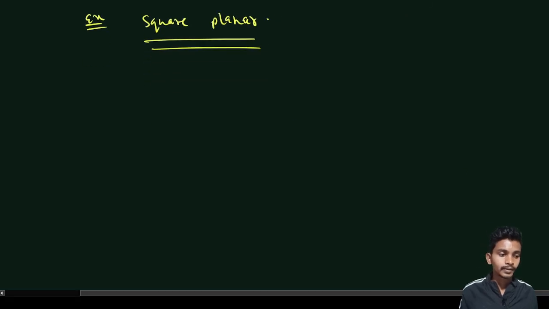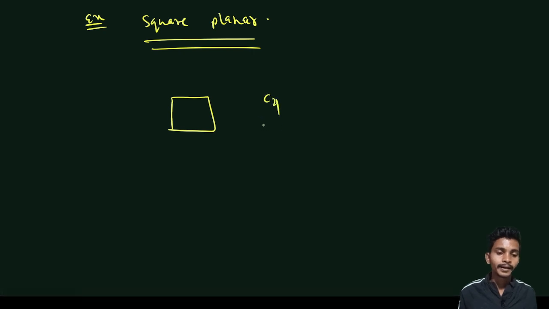What we have discussed here: this has C4, four C2, four sigma v, S4, and sigma h present in this molecule. Okay, so this is definitely the D4h point group.